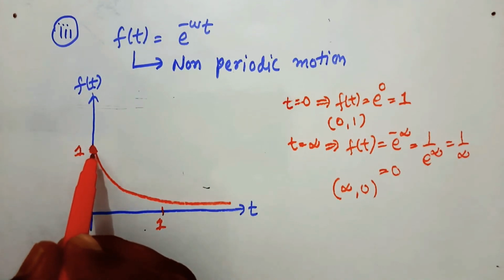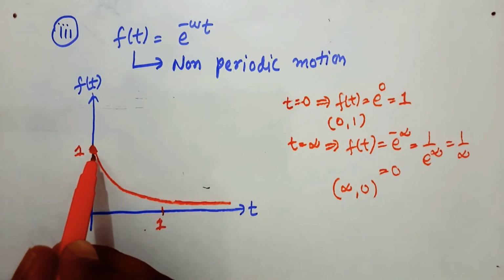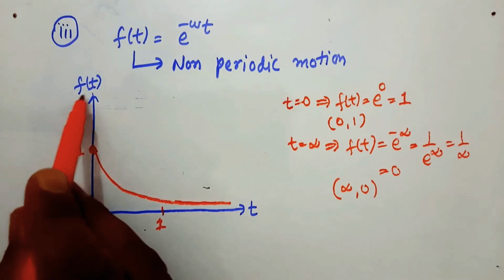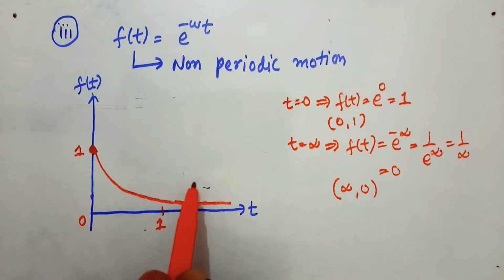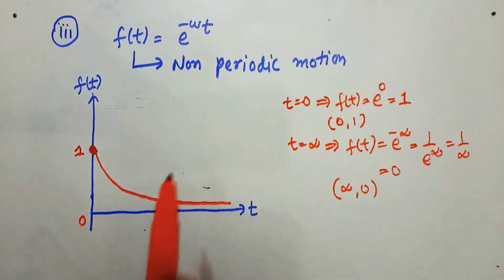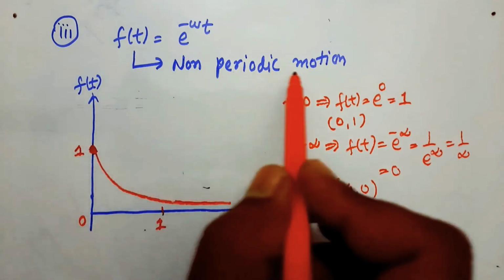Here the curve is decreasing with increasing time. So the curve is not repeated. The value of the function f of t is decreasing with increasing time. So it is not a repeated function. So f of t represents non-periodic motion.